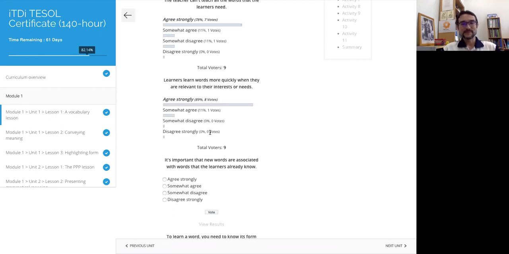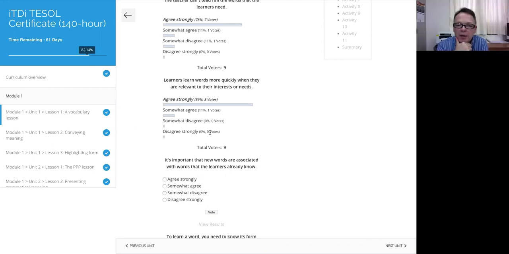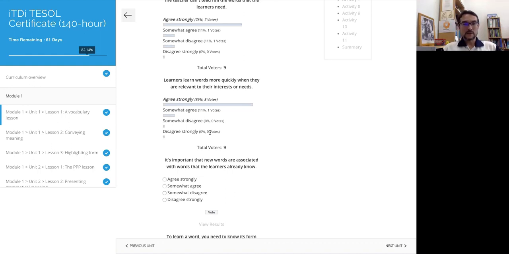Oh, cool. Well, why are we doing this kind of statements and voting on it? What's the purpose in the lesson of that? I find that it's good as a kind of priming us for what's coming next and getting thinking about the different areas that are important for the lesson.